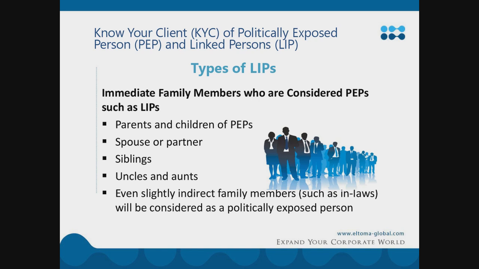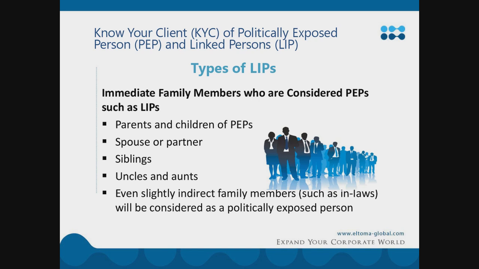Also, it will be close friends. For example, if a PEP is a shareholder of one legal entity, and there are other people who are shareowners of this entity, all these people will be linked persons because they have shares in the legal entity where the PEP has his percentage.